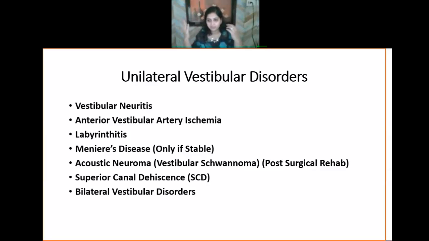So peripheral includes vestibular neuritis, anterior vestibular ischemia, labyrinthitis, Meniere's disease. If Meniere's disease is not progressive, if it is stable, we can definitely work on those patients to get results. I'm talking about unilateral vestibular disorders, peripheral involvements.